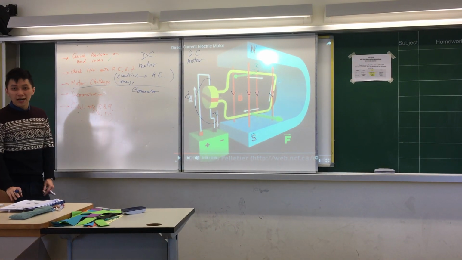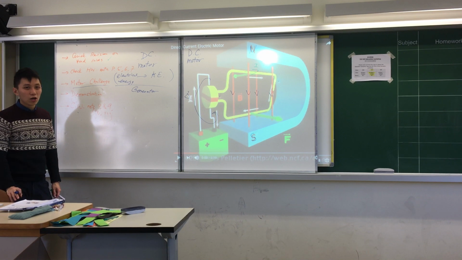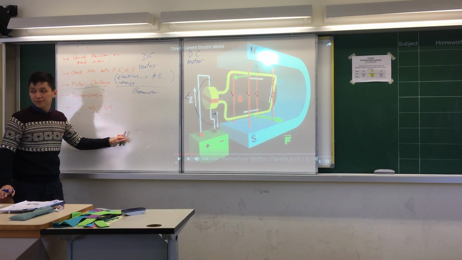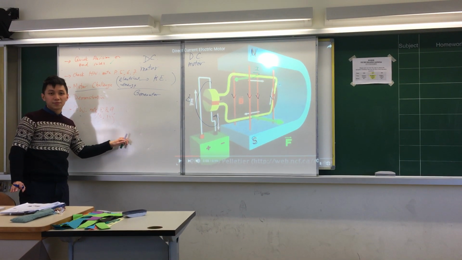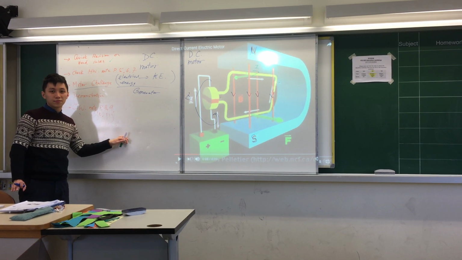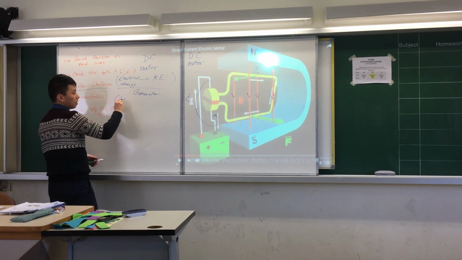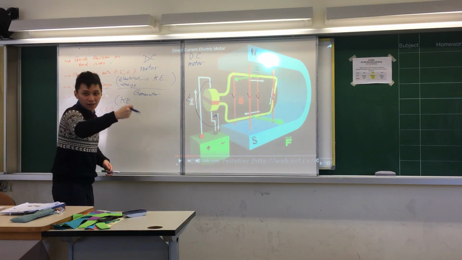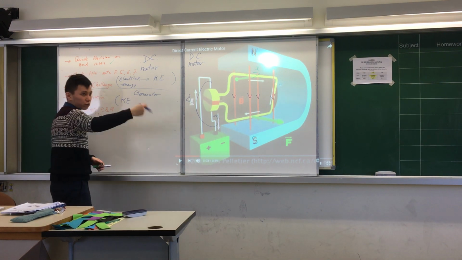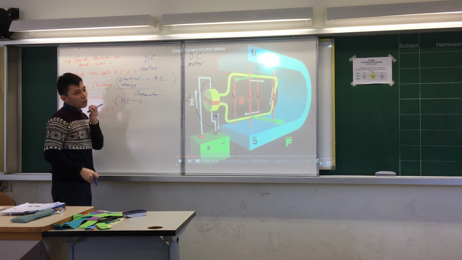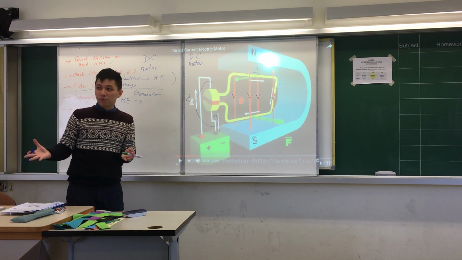And for a generator, how is the energy conversion? Opposite. So you give them KE, you need to crank, right? If you have been to the science museum, you have to crank. Or you move something. Think about what you learned in year 9 as well.